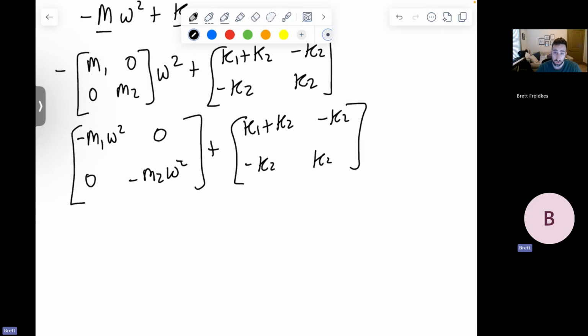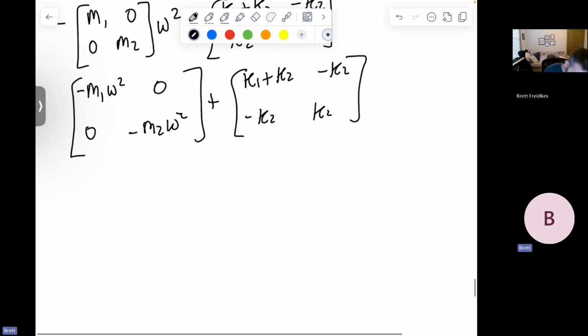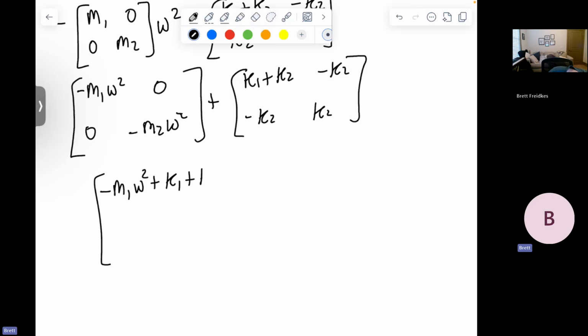And now I have these two 2x2 matrices that we can add together. This will ultimately give me negative M1 omega squared plus K1 plus K2, minus K2, minus K2, negative M2 omega squared plus K2.